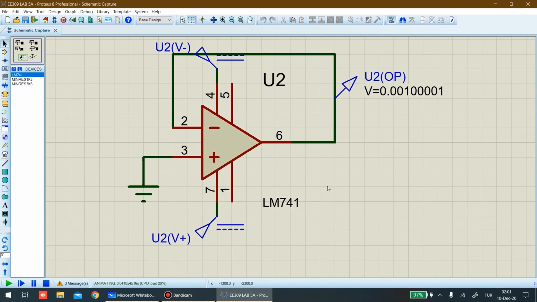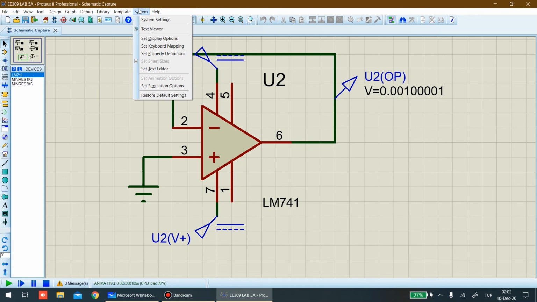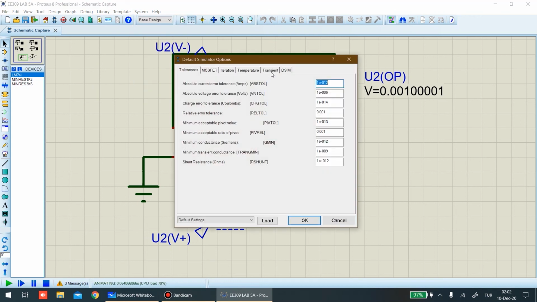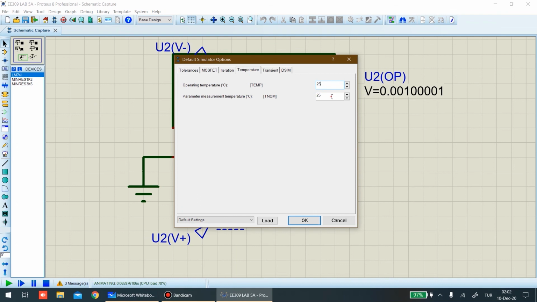Now, in this simulation, I cannot change the ambient temperature. I already tried these options, however, it seems they are not effective.